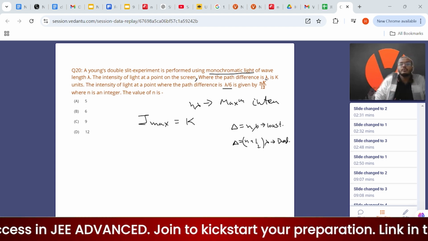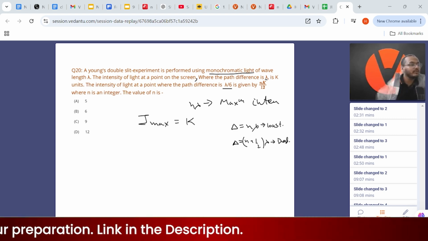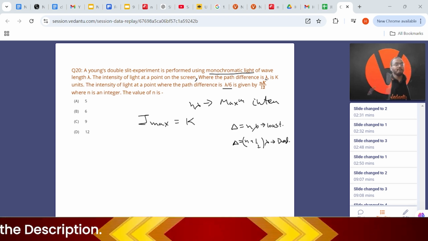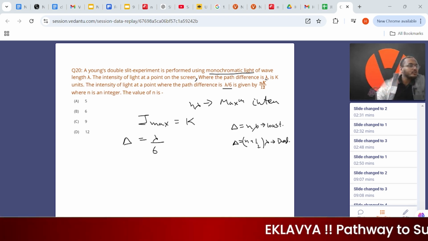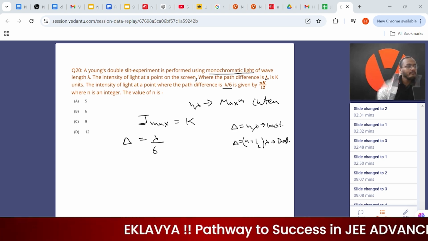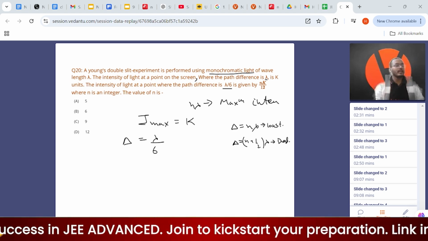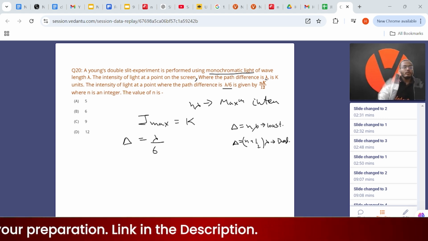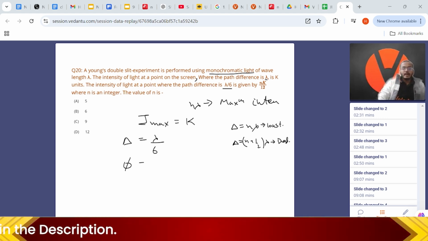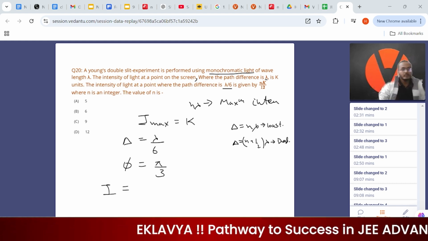Now, since they are using monochromatic light of wavelength lambda, I can say that intensity 1 will be equal to intensity 2. Now, they are saying that my path difference is lambda by 6. So for this path difference, the change in the phase will be equal to pi by 3.